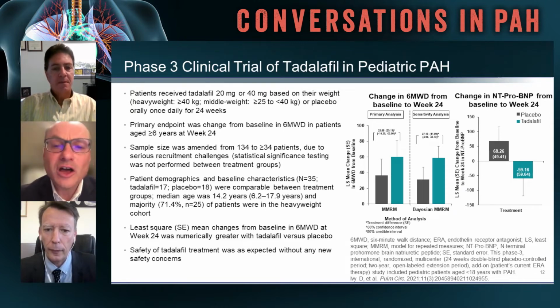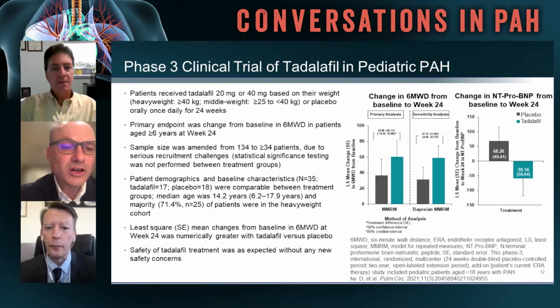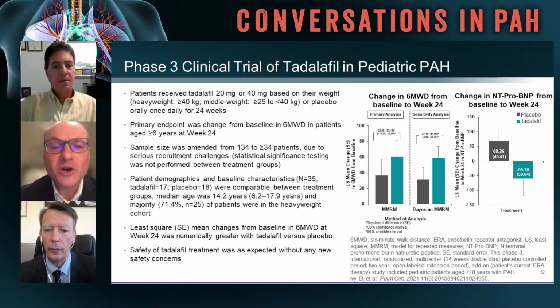And further, there were no official statistical analyses because of the low number of patients. Regardless, as you can see here, the trends were quite similar. There were about 34 patients in this trial.